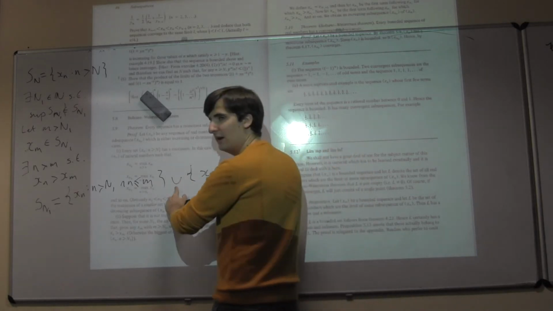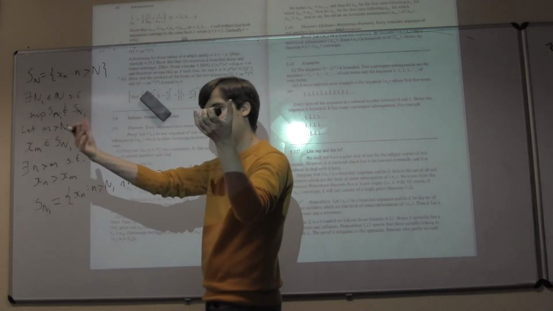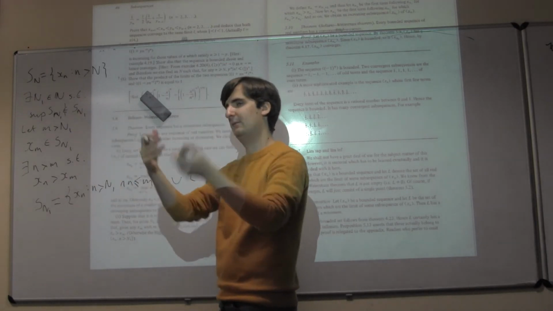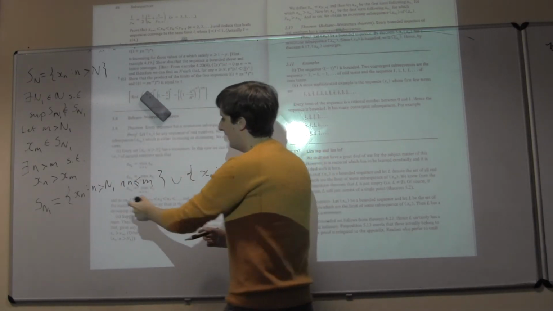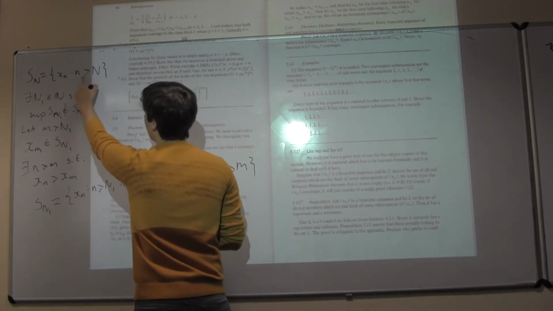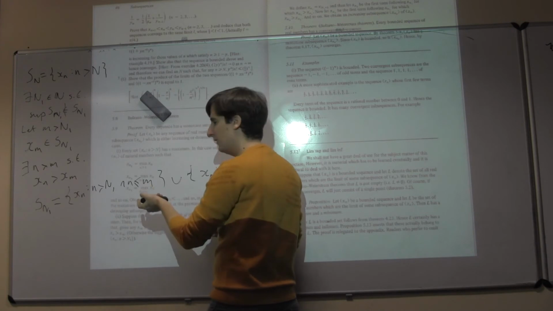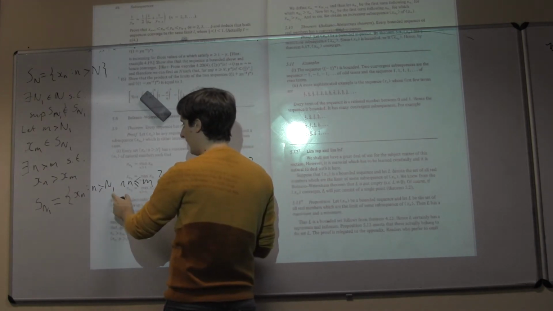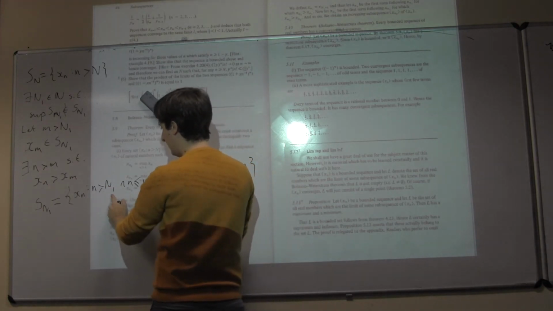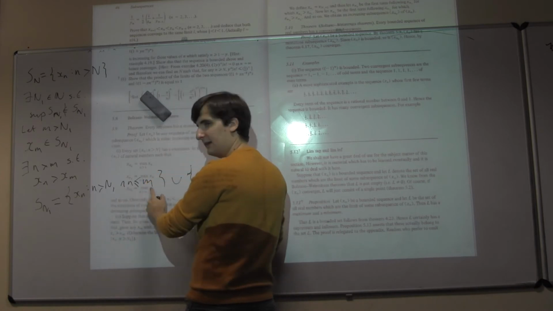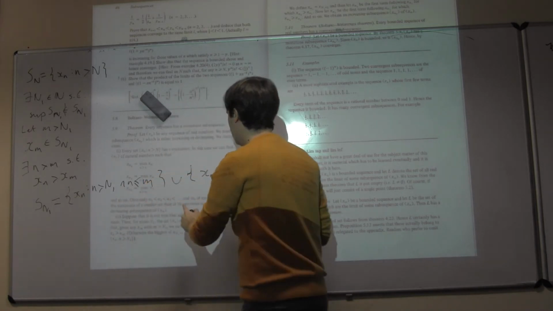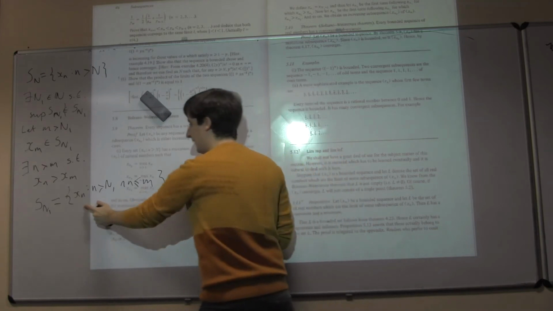This means union: take all the elements from one set, take all the elements from the other set, stick them together. S_n1 was all of the elements where the index was bigger than capital N1. We can split that in two: all of the elements where the index is bigger than capital N1 and the index is less or equal to m. So that's one set.